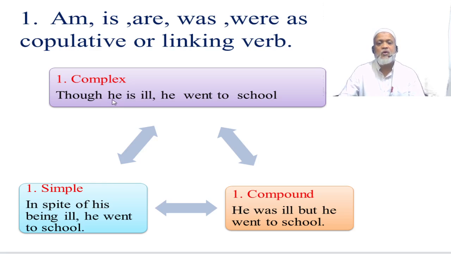So in the place of he, we have written his. And here is is a linking verb. He is ill: ill is the complement, he is the subject, and to link up subject and complement we have used is. Is is changed into being.